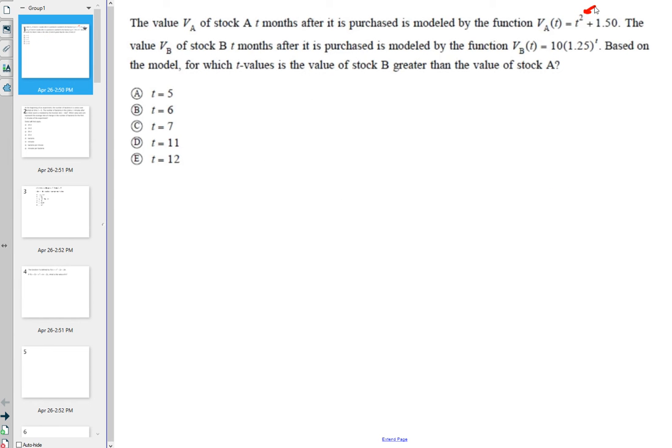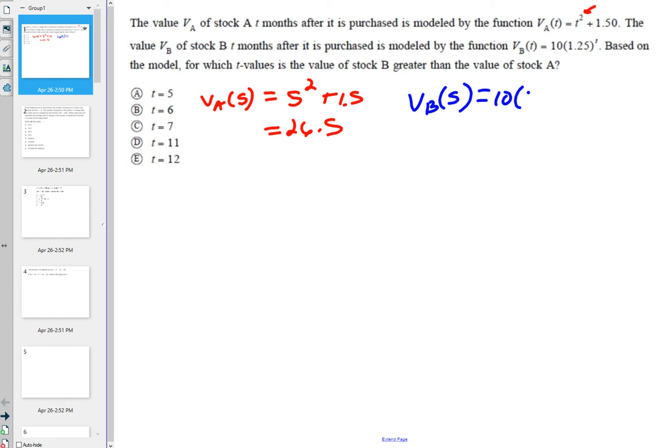So let's see t at 5. If I do VA at 5, it's 5 squared plus 1.5, which I know is going to be 26.5. If I do VB at 5, it's going to be 10 times 1.25 to the fifth. Here's where the calculator comes in. I can't do that in my head.